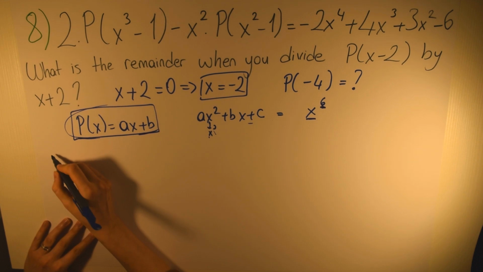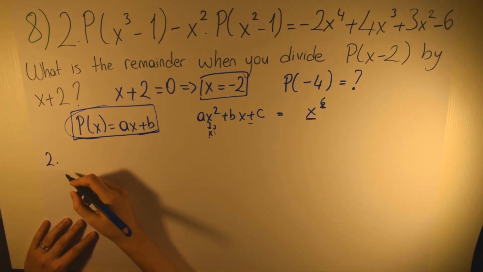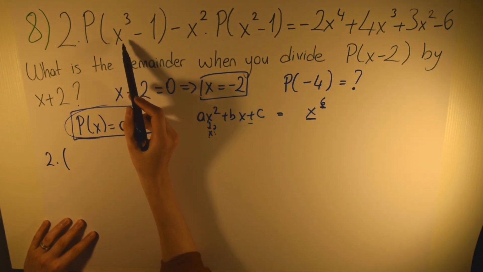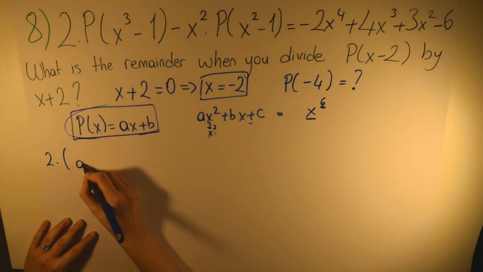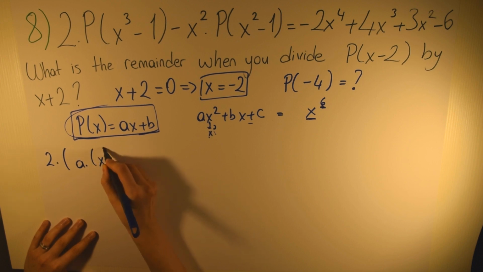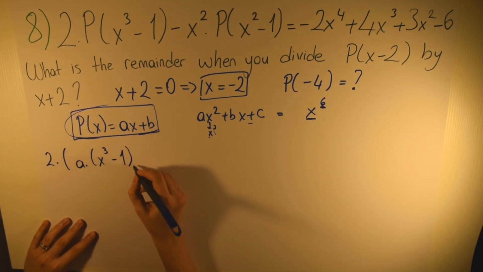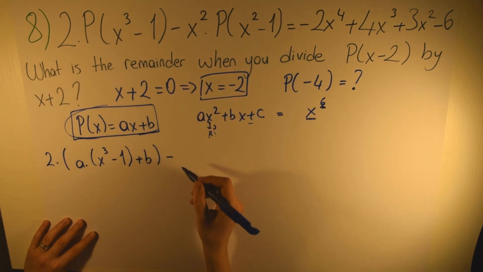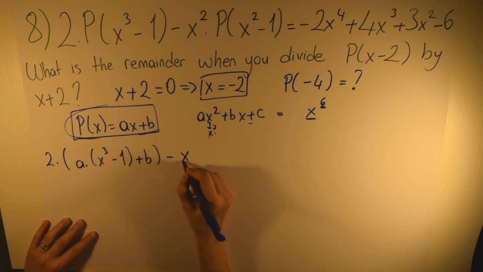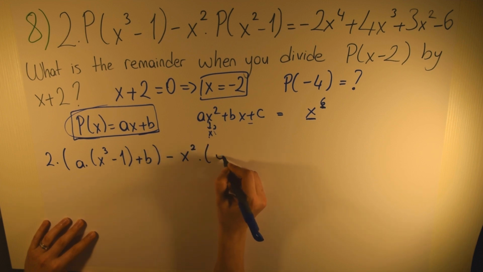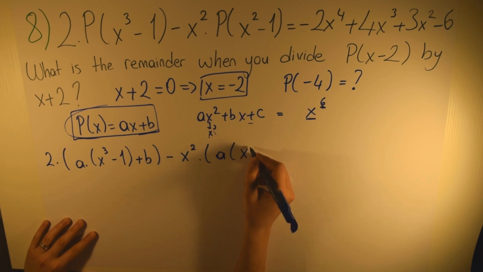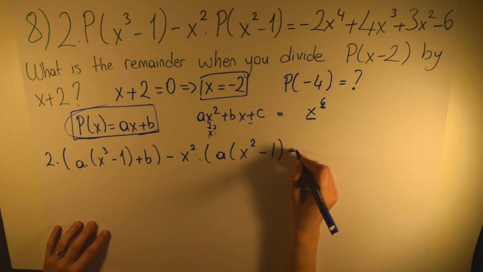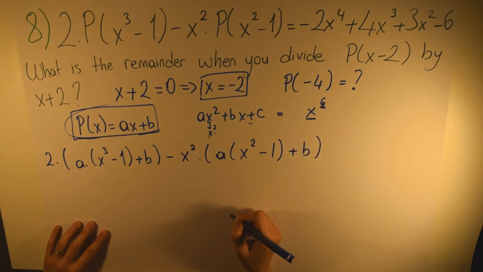So 2 times, I have a, so I put this value instead of x: a times (x to the power of 3 minus 1) plus b, minus x squared times (a times (x squared minus 1) plus b), right?